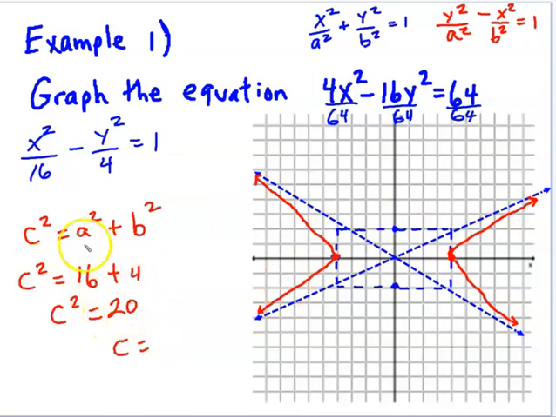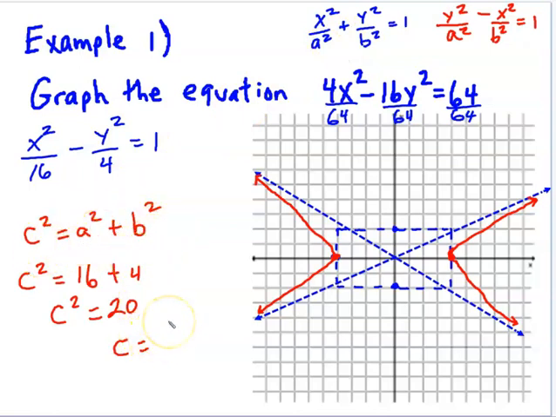So always do c squared is a squared plus b squared for hyperbolas. And one way you remember the difference between ellipses and hyperbolas: the hyperbola equation has minus, so we use the opposite sign for finding information. Ellipses has plus, so we use the opposite sign, minus, to find missing parts.